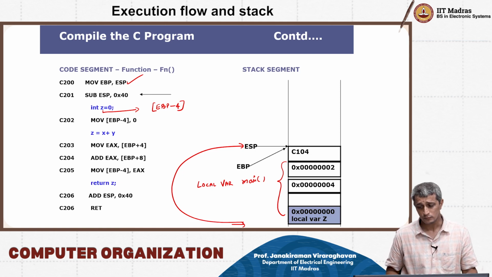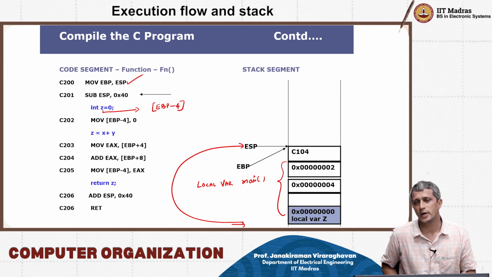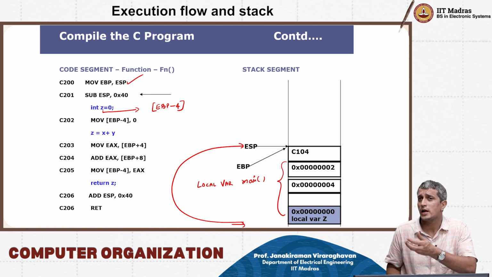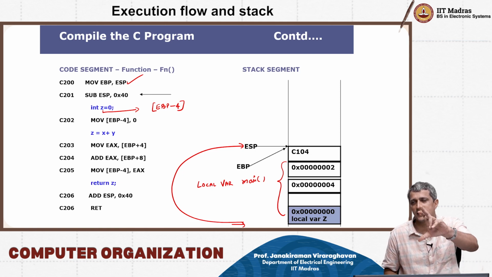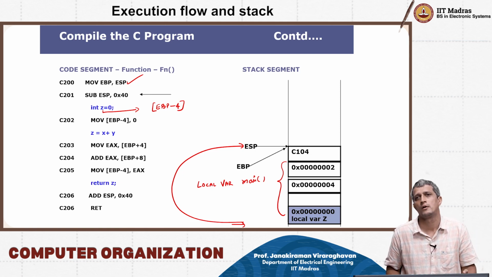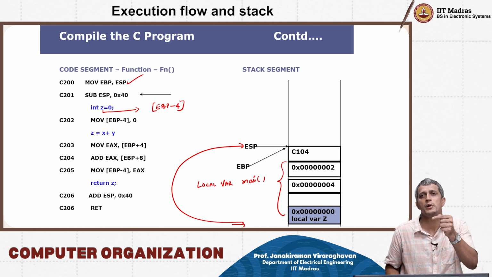Now think about the following situation. As a programmer you don't worry about allocating space in memory for local variables, but the compiler has to do this for you. Someone has to say that this variable space is meant for this function fn. Otherwise how can you guarantee that nobody will override it?